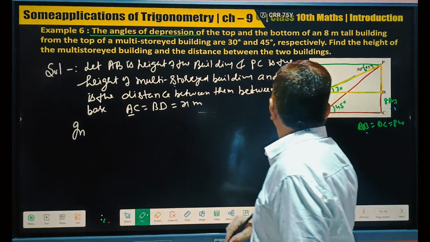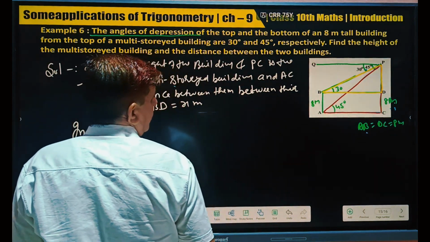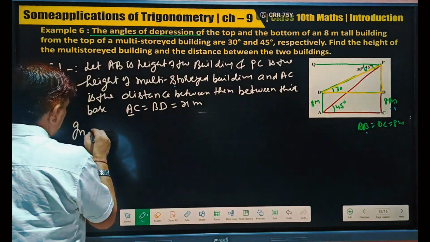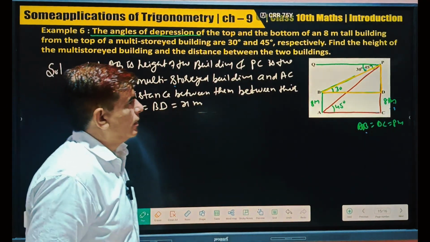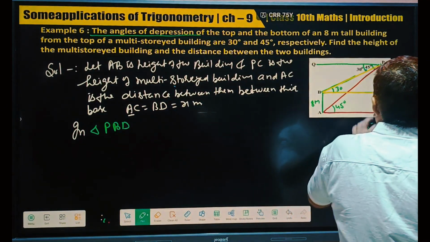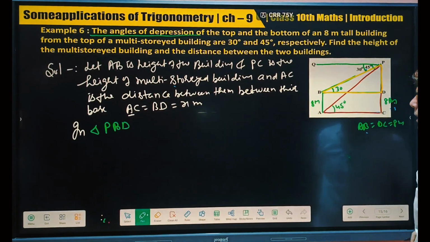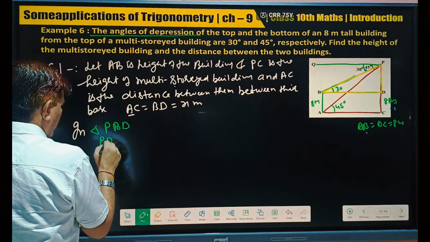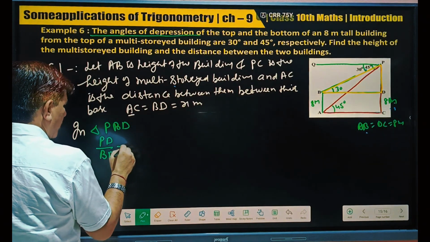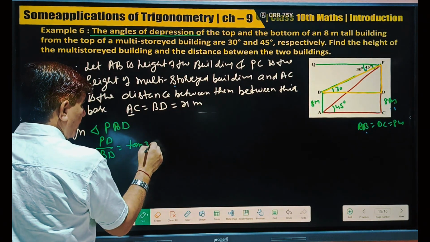Now in triangle, which triangle? PBD. In triangle PBD, PD by BD is equal to tangent 30 degree.